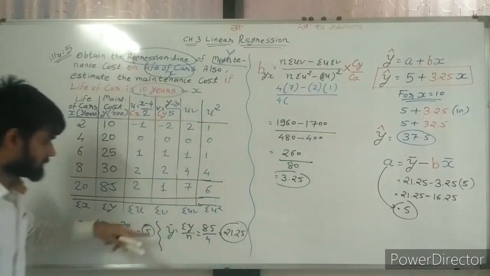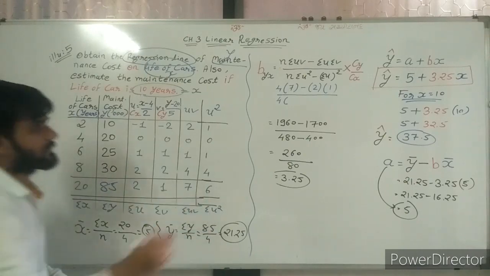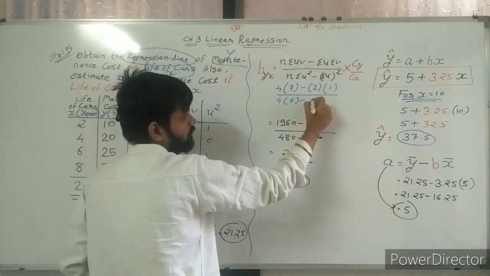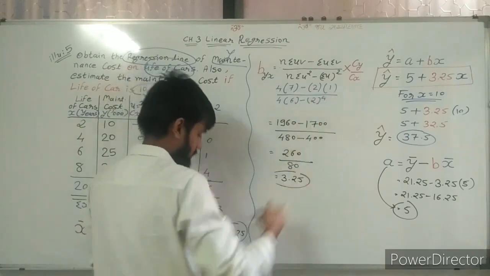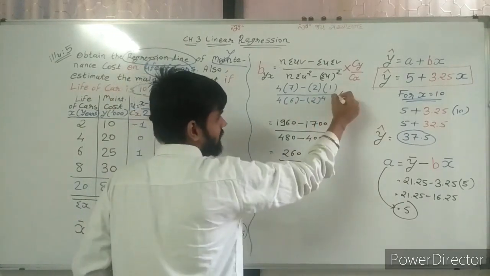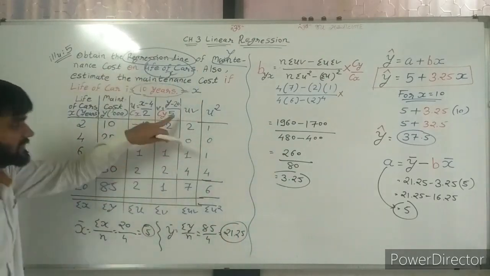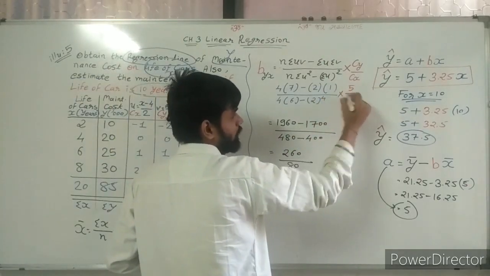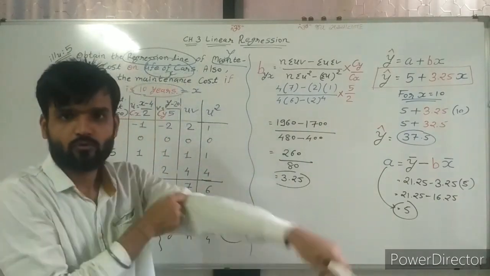Sigma u square is 6, sigma u whole square is 2 whole square. And the most important thing, sir, multiply cy upon cx. Cy is equal to 5, cx is equal to 2. So multiply 5 divided by 2.